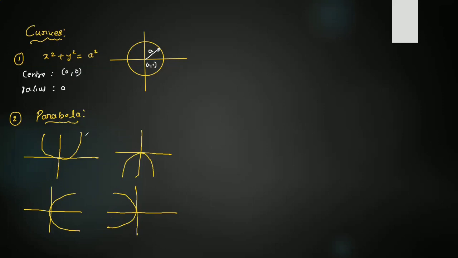So one by one, you tell me what will be the equation of this parabola. These are the parabolas. X square is equal to cy. C is some constant.